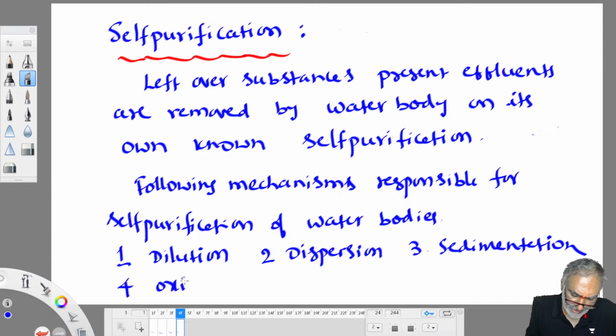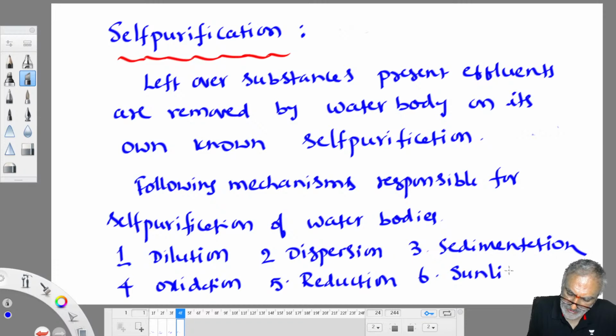Fourth, oxidation. Because of all these mechanisms, they purify. Fifth, reduction. And sixth, sunlight. Sunlight carries out disinfection of organisms. What it does and all, we'll see. Because of all these, water bodies are self-purified.